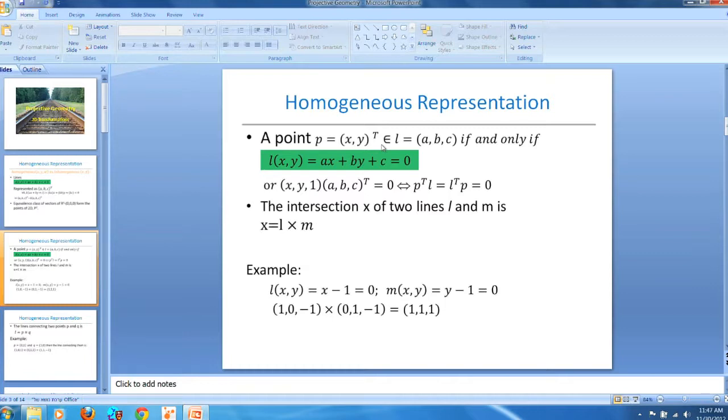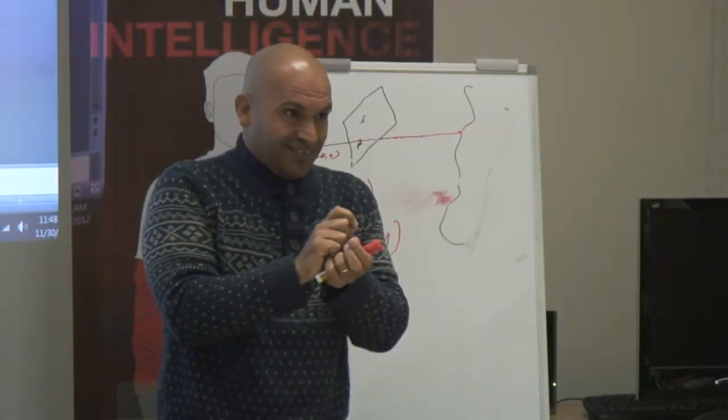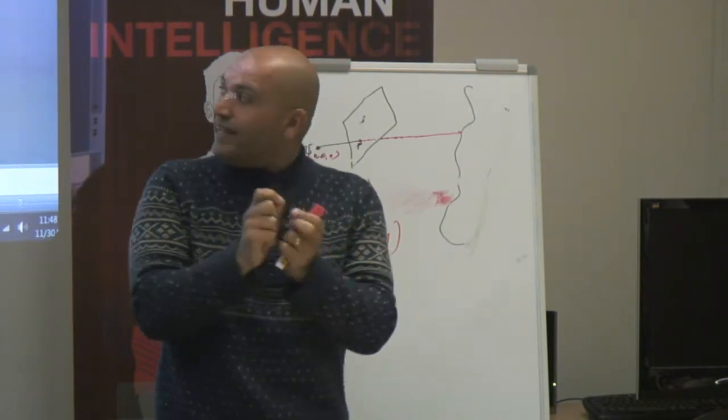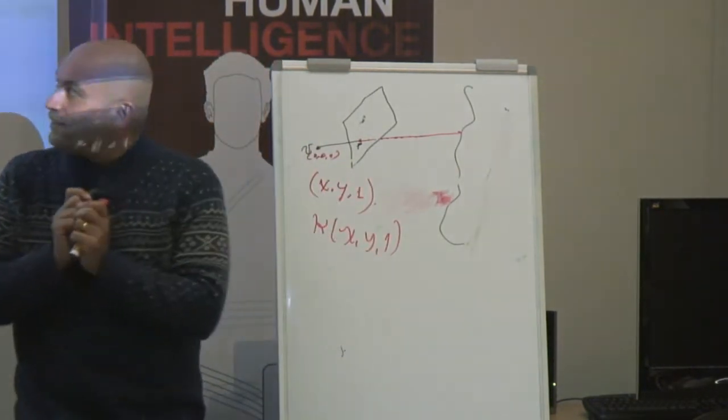That's clear? There is almost no distinction between a point and a line, and this is what we will see later about duality.